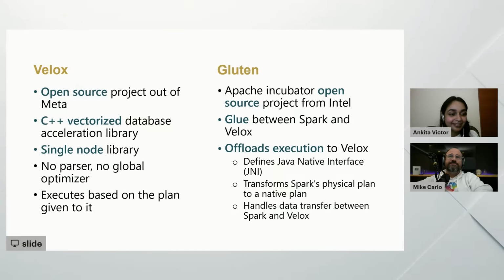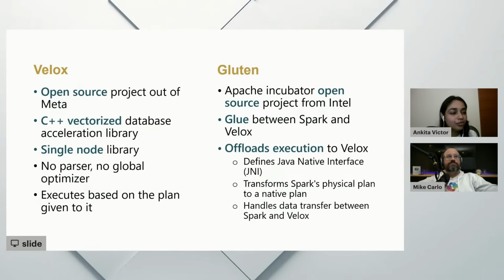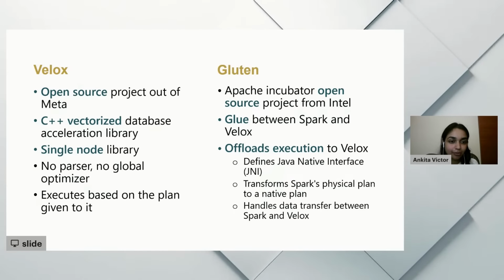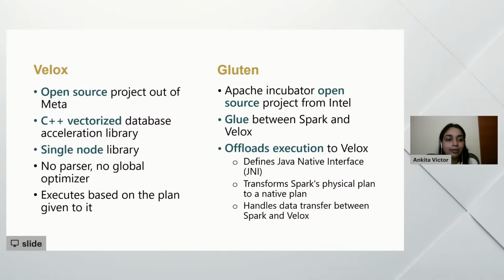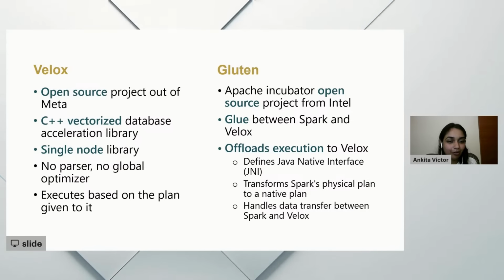Yeah. So like I said, Velox is a single node library, which means it cannot scale out by itself. So Velox needs something to integrate it with Spark, which actually has the true scale out ability. Gluten is a project that was originally created at Intel and is now part of the Apache incubator. It is literally Latin for glue, and it acts as the glue between Spark and Velox.